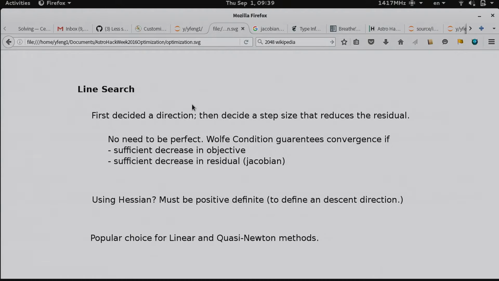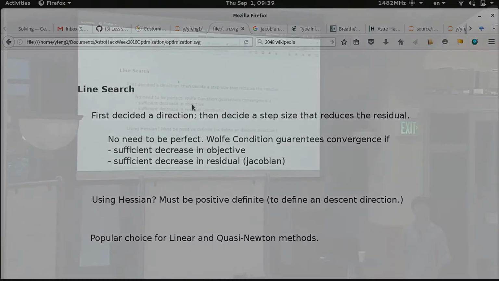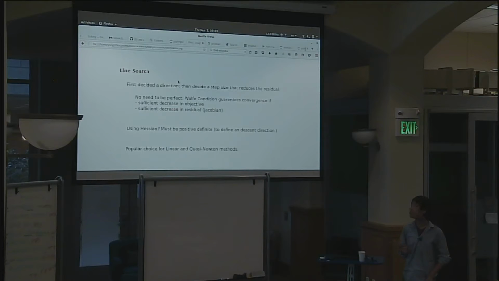Sometimes we can make use of the Hessian if we want to go second order or quasi-Newton. We make the proposal of the direction with use of the Hessian matrix. But the limitation here is the Hessian has to be positive definite, because we want to solve for a direction from Hessian. If you want to solve for a direction from some matrix, it's better to be positive definite. If the Hessian is not positive definite, then we need to make some compromises.